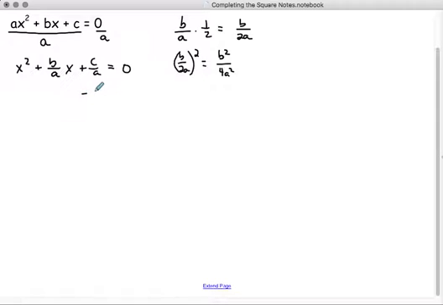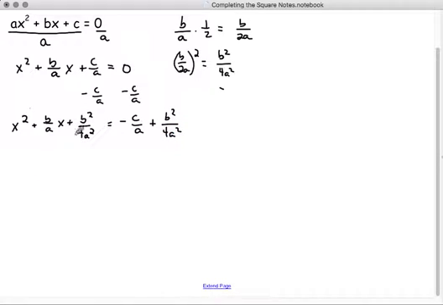First let's move this c over a to the other side to clear up some space. So I get x squared plus b over a x is equal to negative c over a. Completing the square, I want to add this b squared over 4a squared to make a completed square, and whatever I do to one side, I do to the other side, so I add it over here.